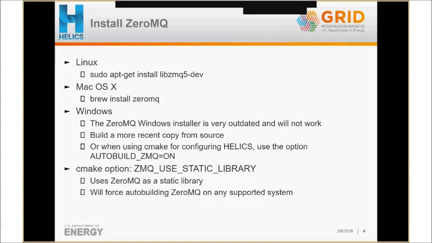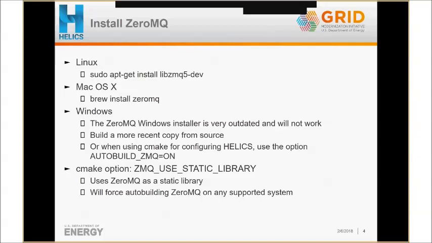For installing 0MQ, again, you can just use your package manager on whatever Linux distro you have, like apt-get on Ubuntu. For OS X, you can do brew install 0MQ. For Windows, you do not want to use the installer that they provide since it's very outdated and won't work at all. You can either build a more recent copy from source, like check out a copy of the 0MQ repository and build it, or use the auto build 0MQ option and set it to on when configuring Helix with CMake.